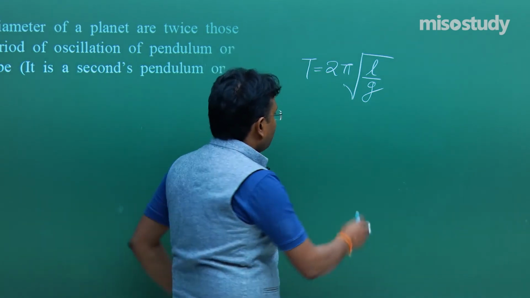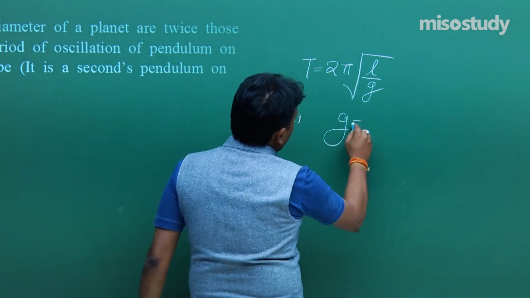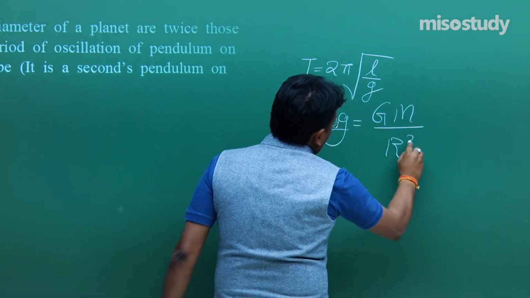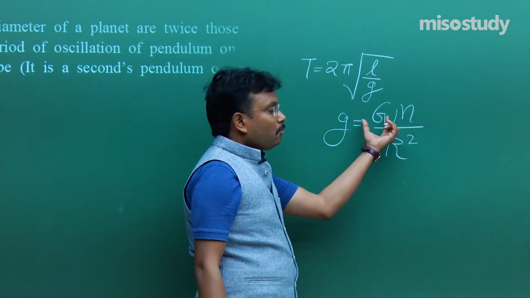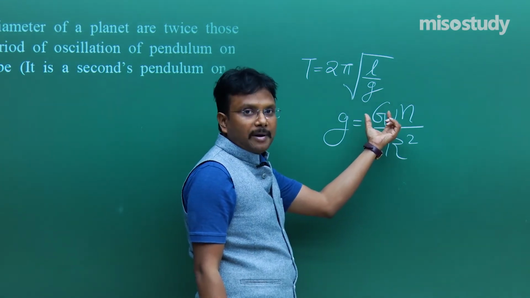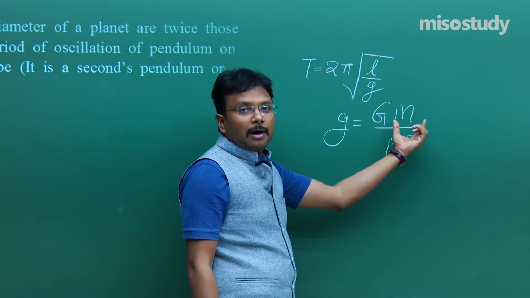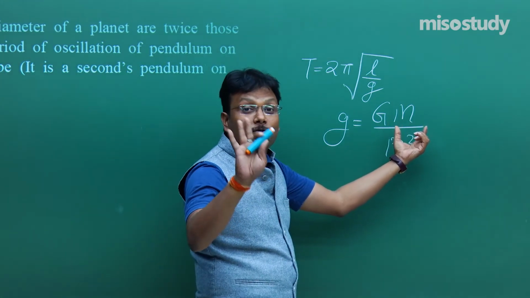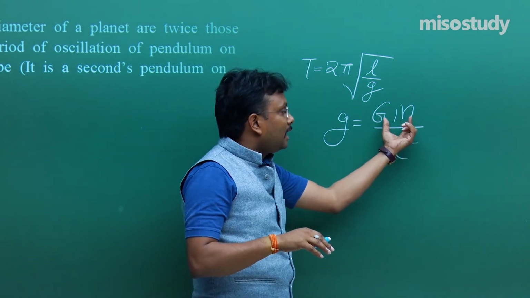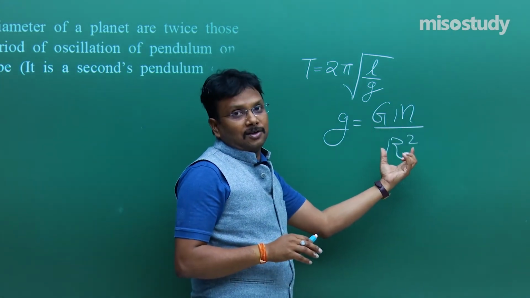Why? Because g is equal to GM upon r square. G is the universal gravitational constant, 6.67 times 10 to the power minus 11 units. M is mass, the mass of the planet, and r is the radius of the planet.